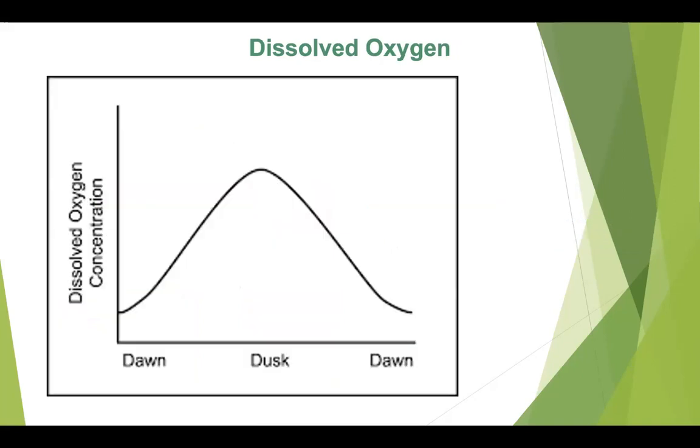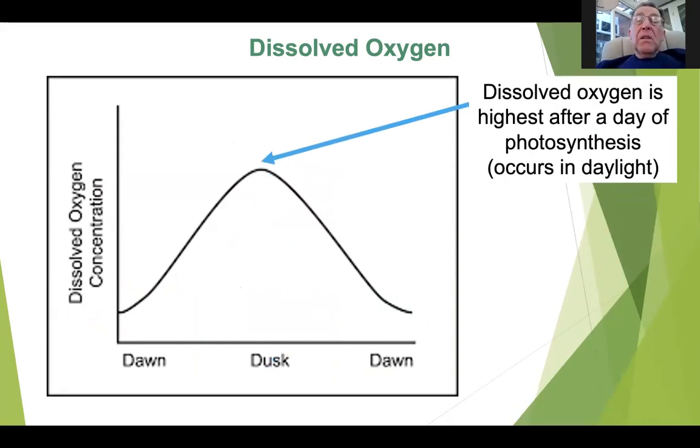So just to show why that's important and why it's important to get into the habit of looking at dissolved oxygen. Dissolved oxygen goes through a process which we call diurnal fluctuation. So it alters between dawn and dusk, with the lowest oxygen concentrations seen at dawn, as plants can't photosynthesize at night, so that process is reversed.